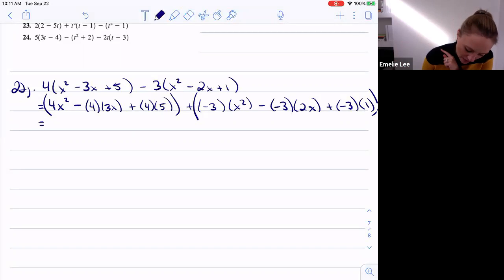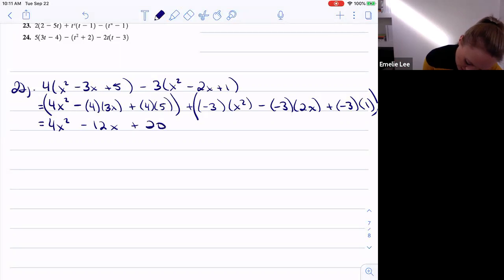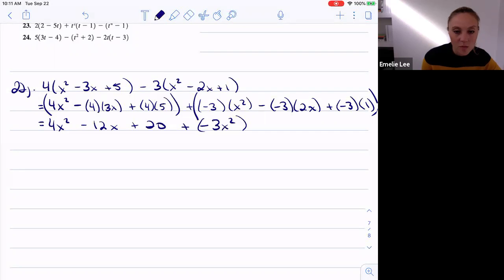So now I can just go through and simplify things. Next step, I'm going to collect like terms. And so I've got 4x squared minus 12x plus 20 plus -3x squared plus -3 times -2, so that's plus, and 3 times 2 is just 6x, and then -3.